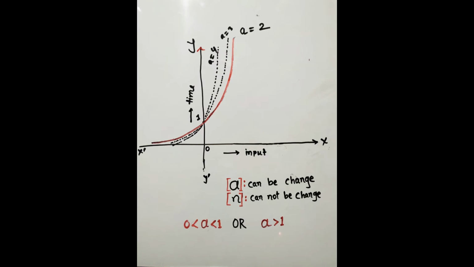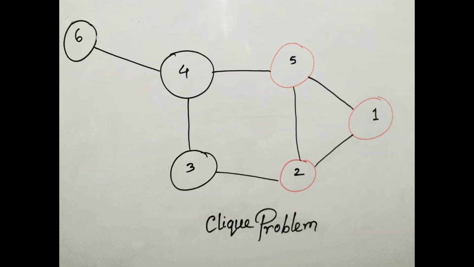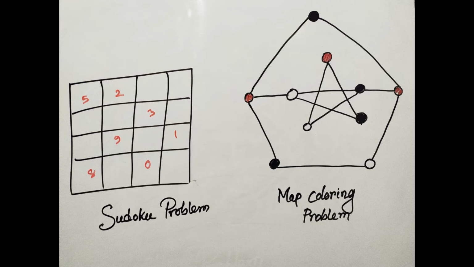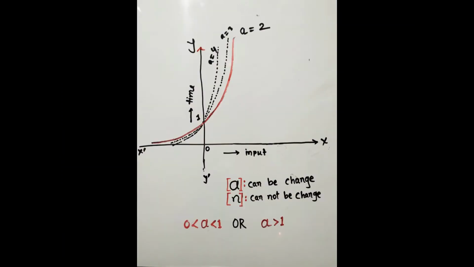So it is expected to be closed looping. That means a non-linear function. So many problems are NP problems, like clique, map coloring, Sudoku, etc. How to solve an NP problem in polynomial time? It is the main question.